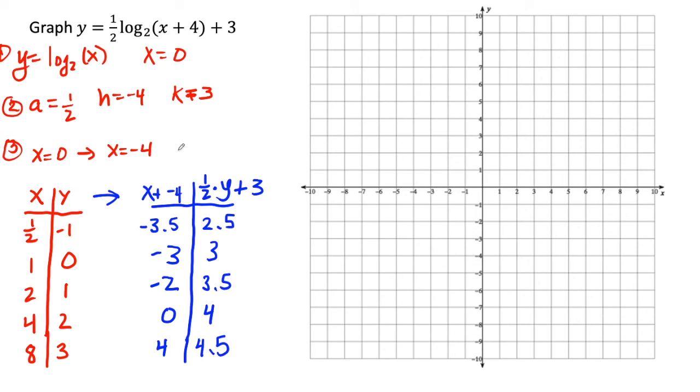And so I'm going to start by graphing my vertical asymptote at x equals negative 4. And then my points are going to be negative 3.5, 2.5, negative 3, 3. Oop.